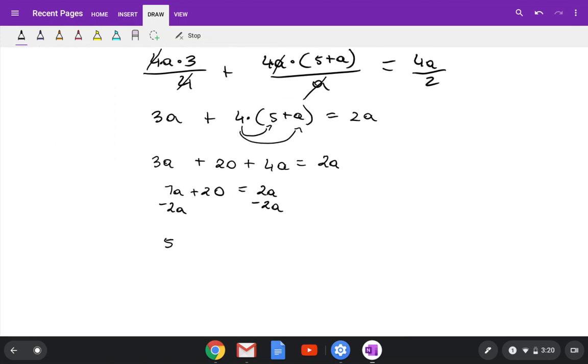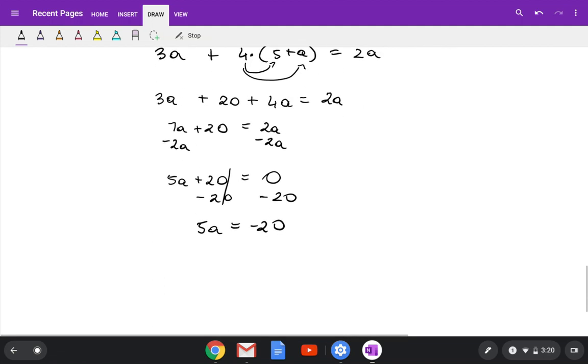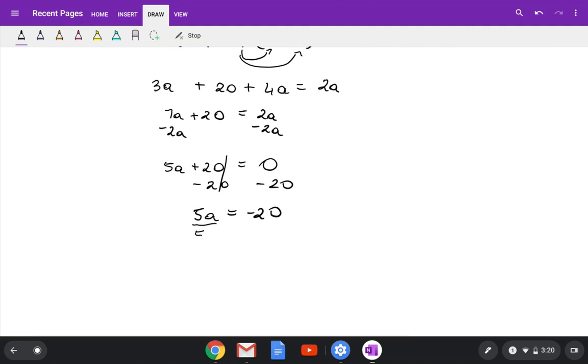We'll end up with 5A plus 20 equals 0. Subtract 20 from both sides. We're getting 5A equal negative 20. Divide each by 5. And we're getting that A is equal to negative 4. So this is our solution.